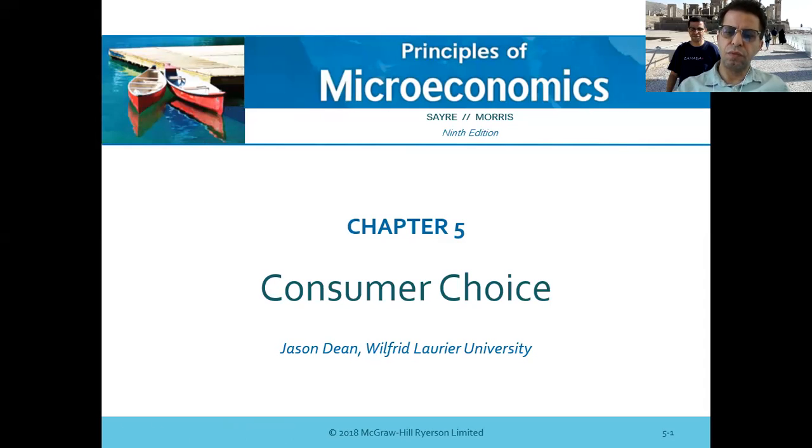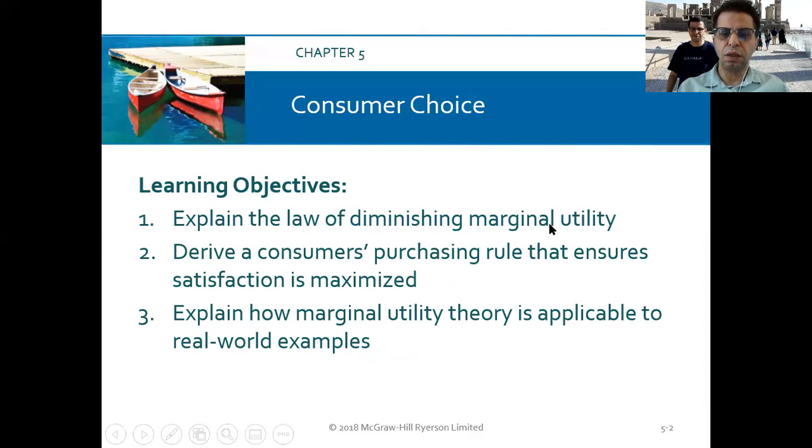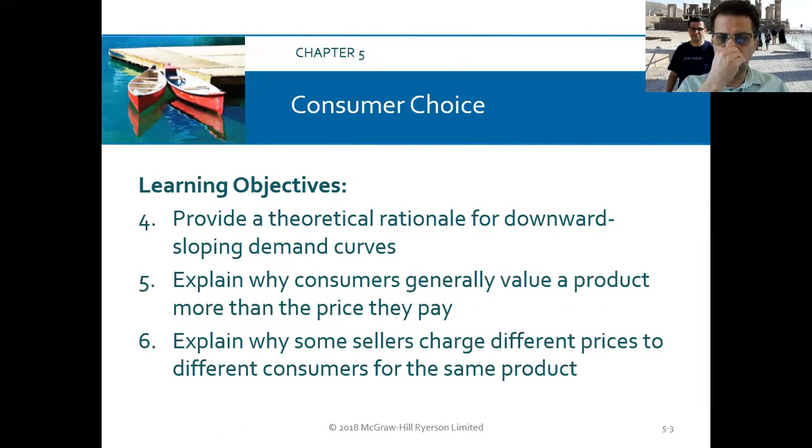In this chapter, we will be talking about how to explain the law of diminishing marginal utility, derive the consumer's purchasing rule that ensures satisfaction is maximized, and explain how marginal utility theory is applicable to real-world examples.